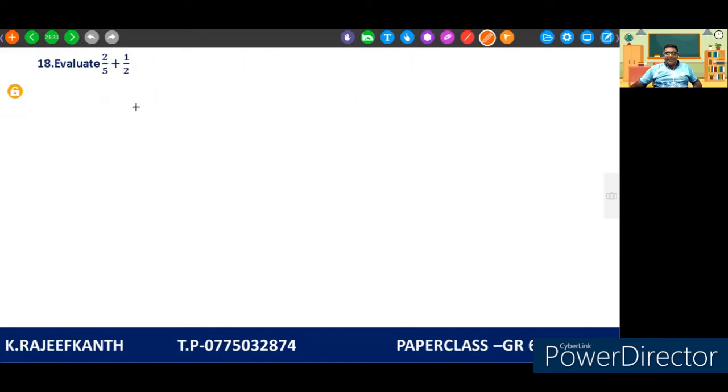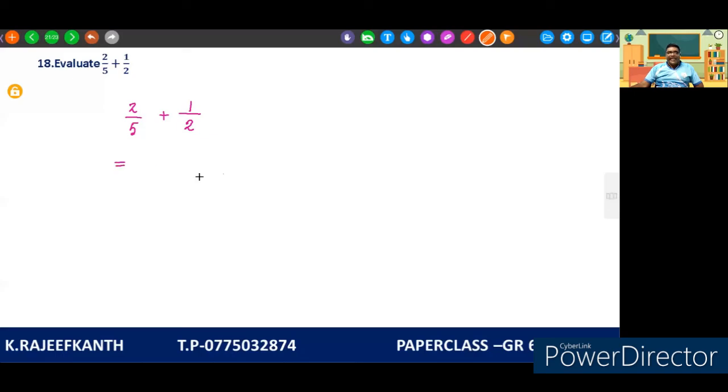Then the question number 18, you have to add these two fractions with different denominators. When the denominators are equal in the fractions, directly we can add the numerators. But in these two fractions, the denominators are different. So you have to take a common denominator for these two fractions. Here 2 over 5 plus 1 over 2.